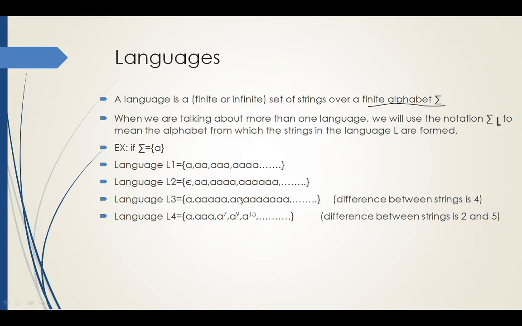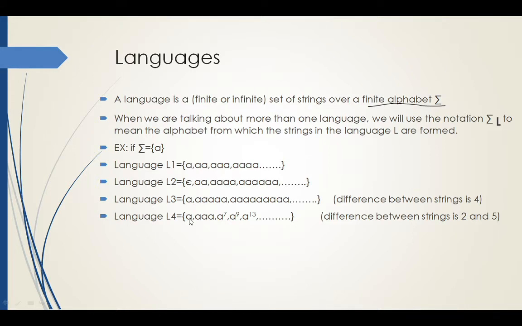So it defines strings of odd length. Next, the fourth language, where the strings are framed by taking the difference 2 and 5. Check here: a is there, then 3 a's, then 7 a's, then 9 a's, then a raised to 13.